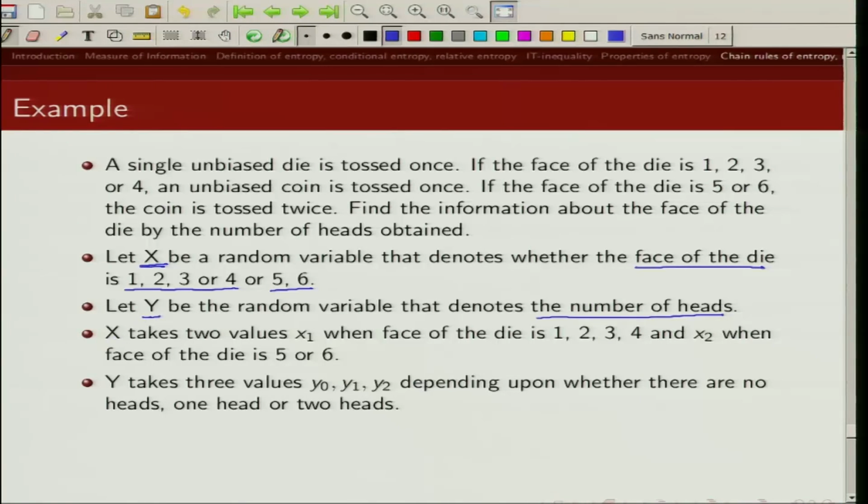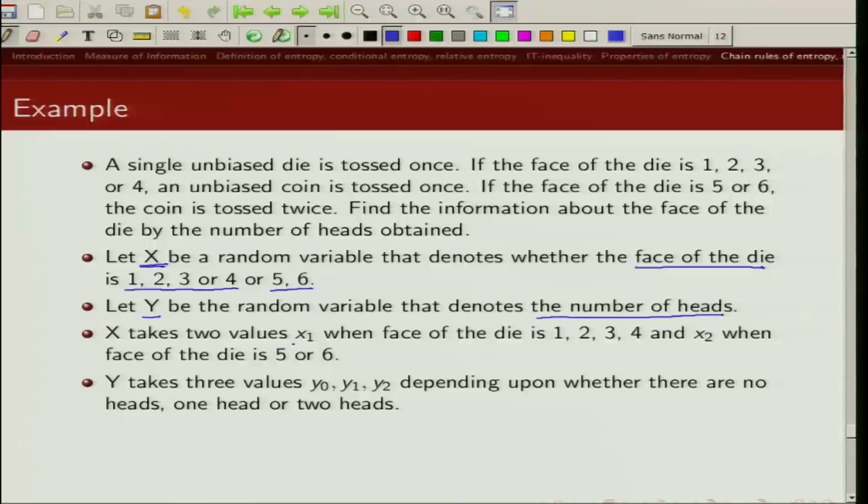As I said, there are two possible actions I am taking based on the result of throwing the dice. So I am calling it x1 if I get face of the dice as 1, 2, 3, 4, and x2 if I get face of the dice as 5 or 6.